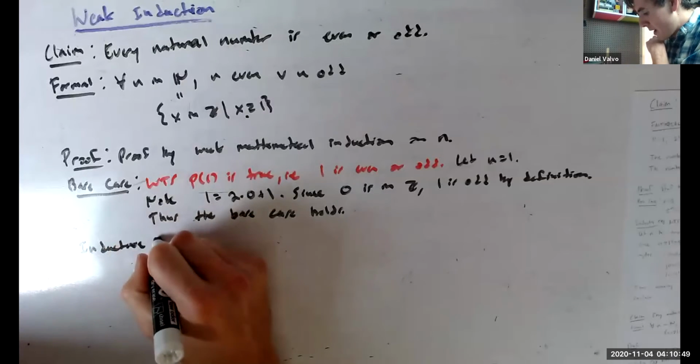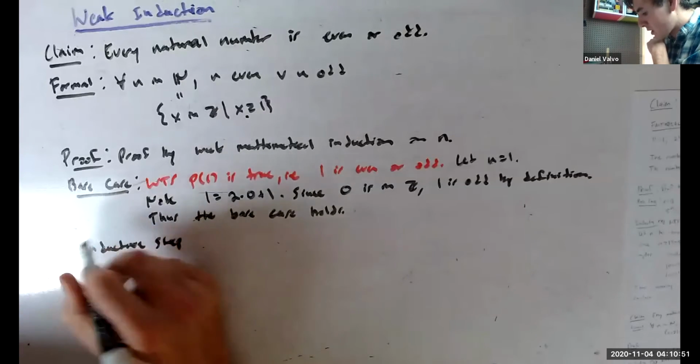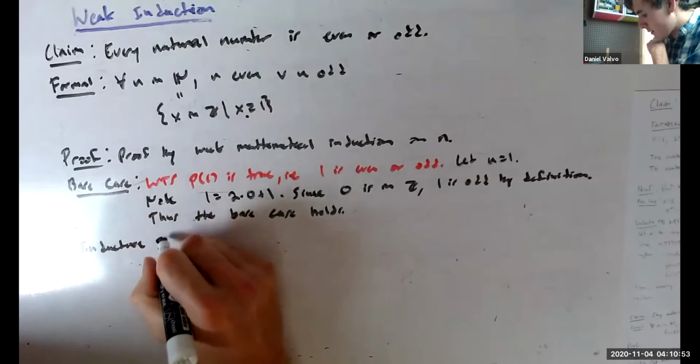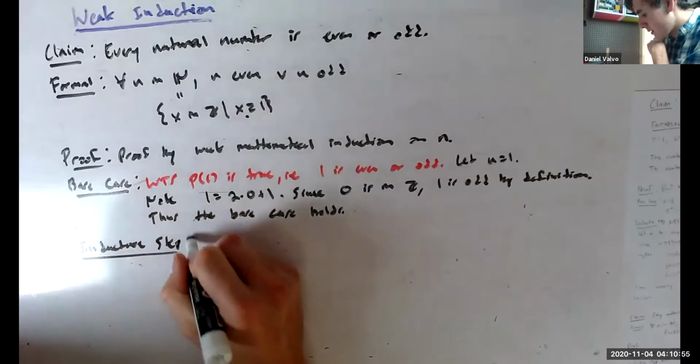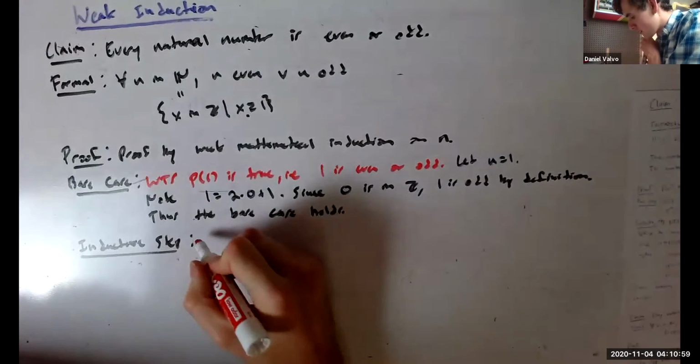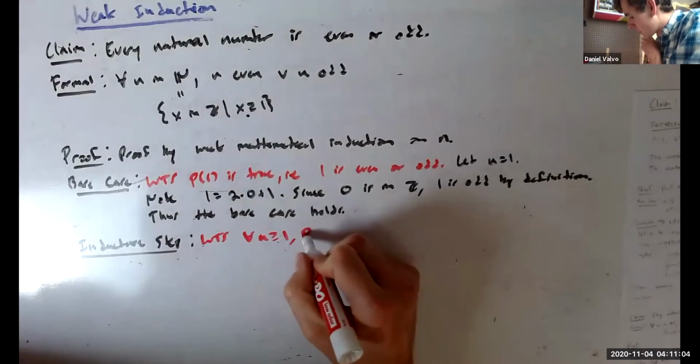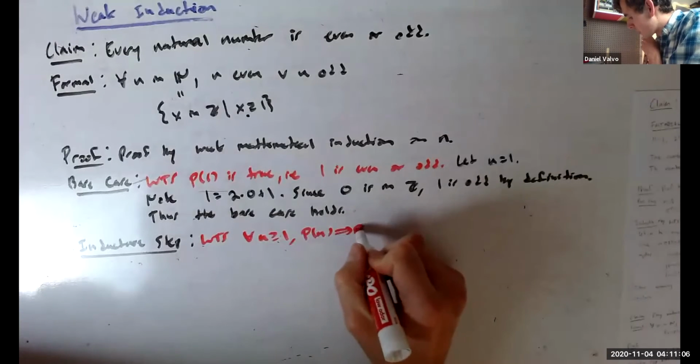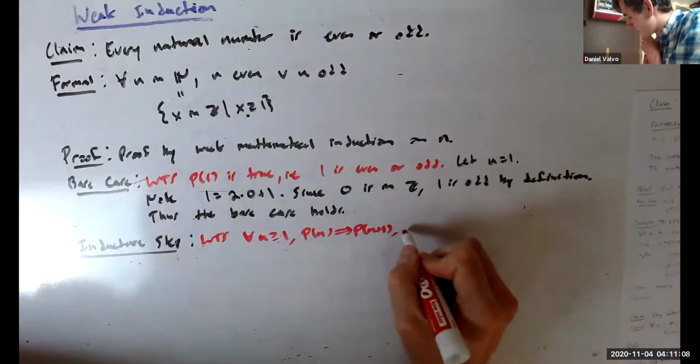Here's the inductive step. Remember, the base case is computational. The inductive step is the more clever, interesting part. So in the inductive step, we want to show for all n bigger than or equal to 1, P of n implies P of n plus 1.